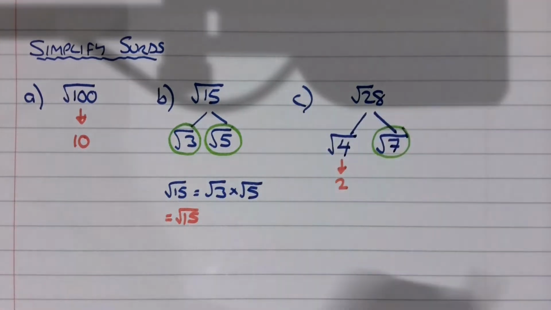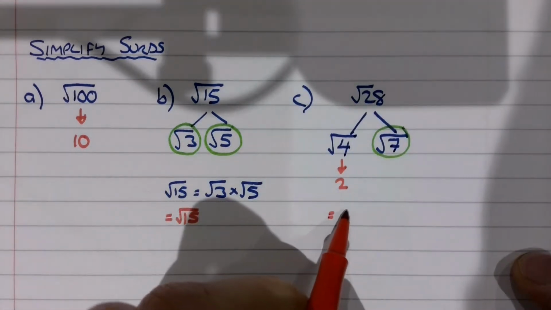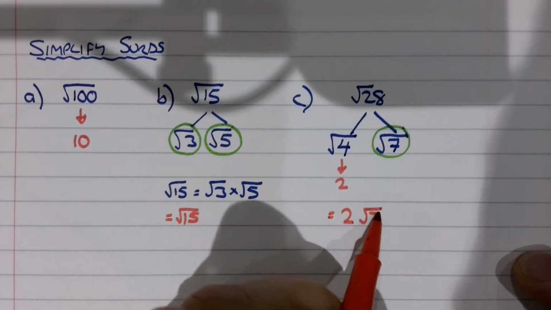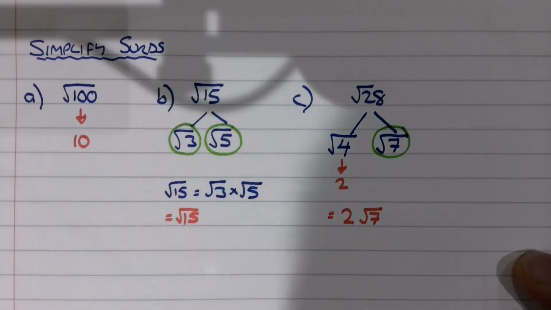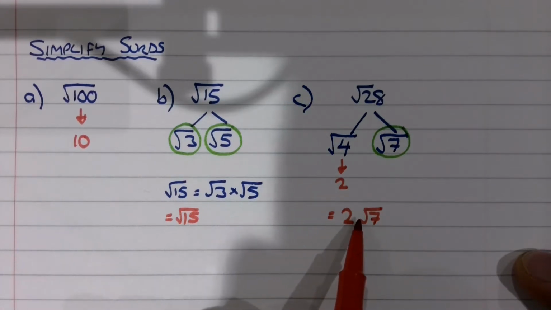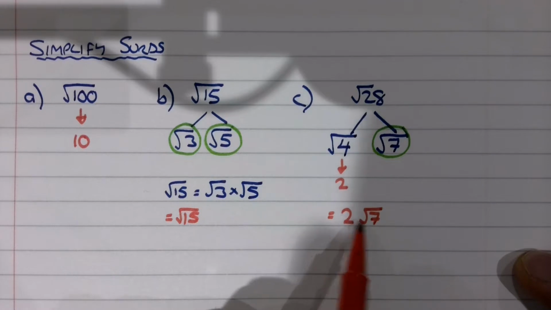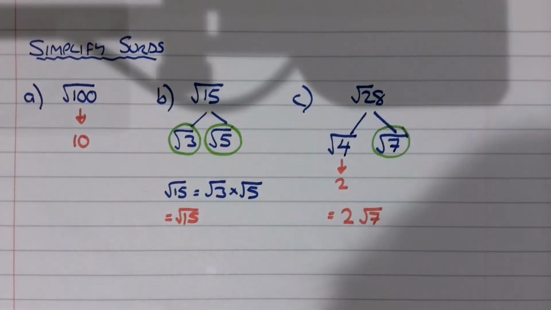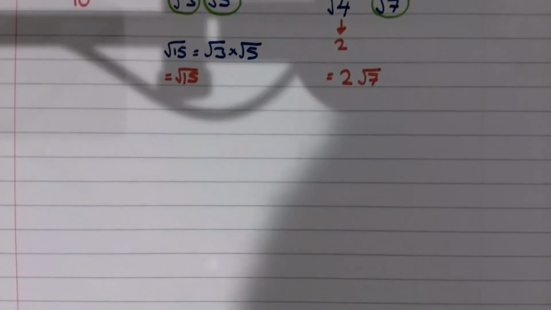So the answer to this one is 2 times the square root of 7. Now because this is like algebraic notation, the multiply sign between the 2 and the root 7 is invisible, but it does mean 2 times the square root of 7. Okay, so let's have a look at some more examples.